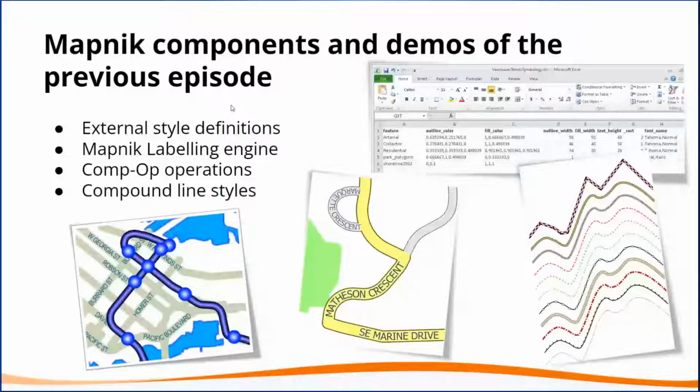We talked about the labeling engine, and I really like how it writes street names along curvy streets. You can see it right here, and I will show another example of how great the Mapnik labeler is later today. Comp-op operations are compositing operations. It's how layers interact with each other.